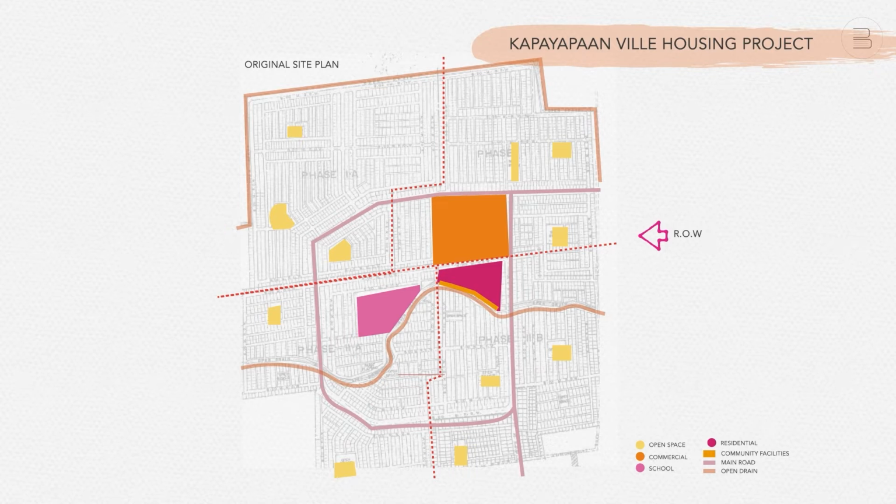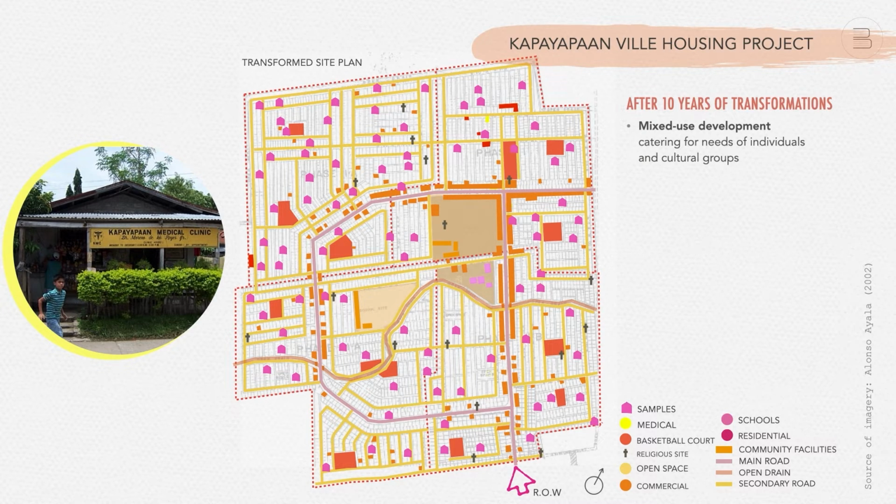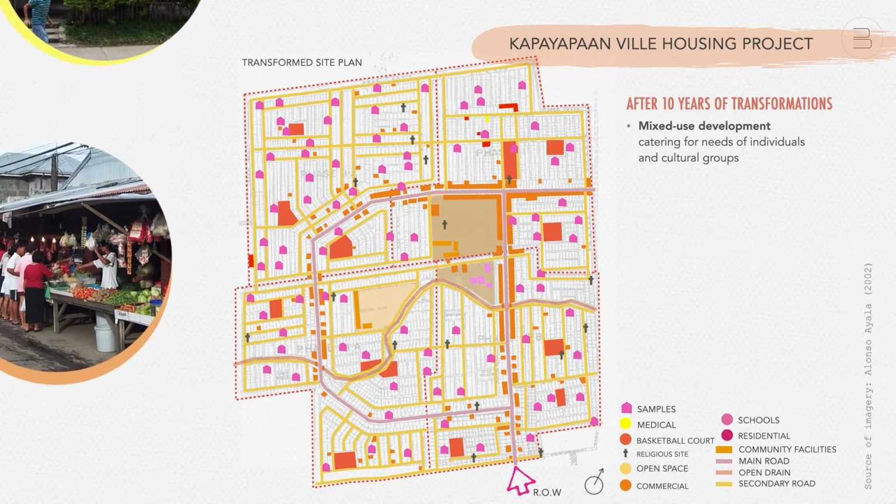The widespread transformation process of houses had eventually an impact on the character of the neighborhood, as we will see next. In comparison to the original site layout, what you see here after 10 years of occupation and housing transformations taking place is a clear mixed-use development catering for the needs of particular individuals, but also cultural groups.